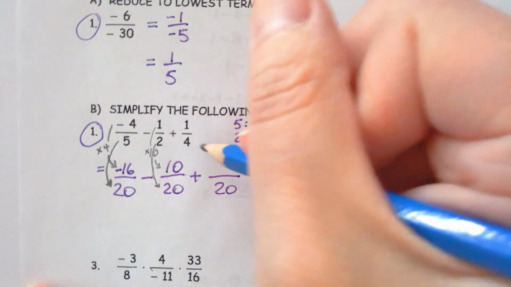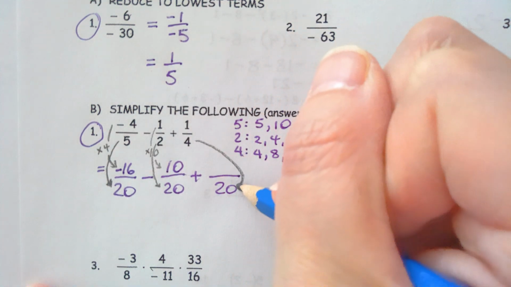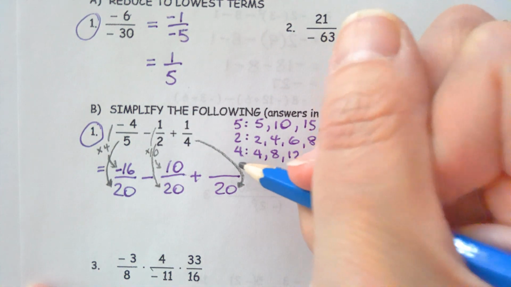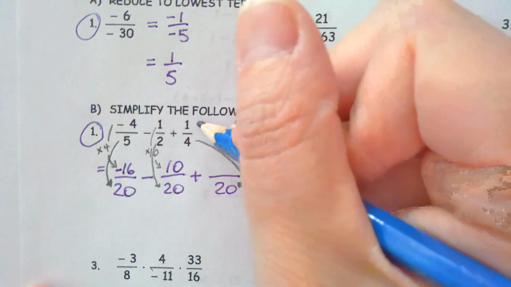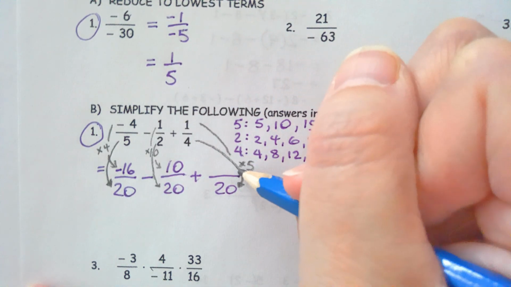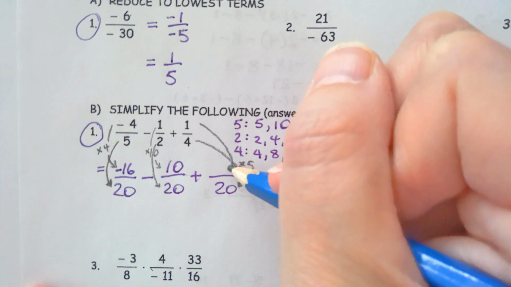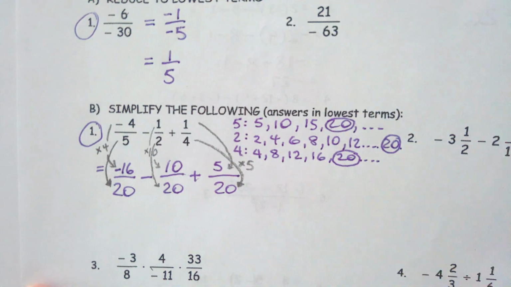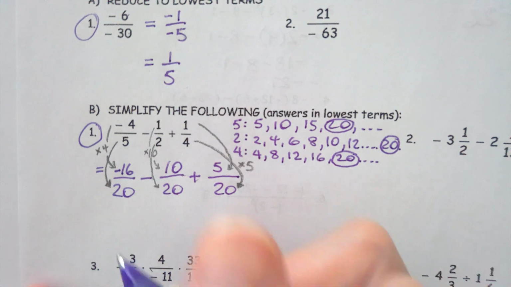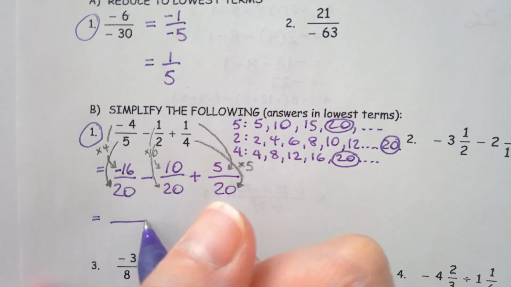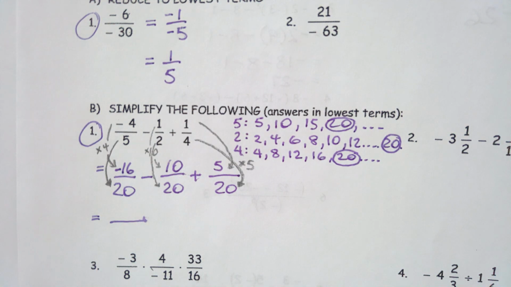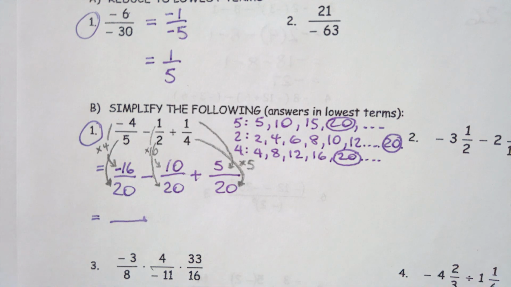Okay, and then the last one. 4 times what gives me 20? 5, yeah. So if I times it by 5 for the bottom, I have to times it by 5 to the top. All right, so 1 times 5, 5. Okay. All three of them have a denominator of 20.